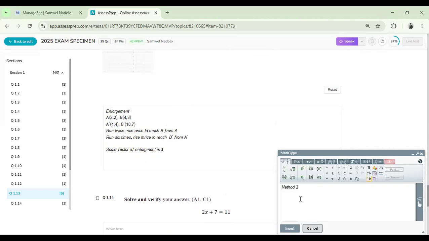Method 2. So you'll come here and write A prime, B prime divided by, or slash, AB.